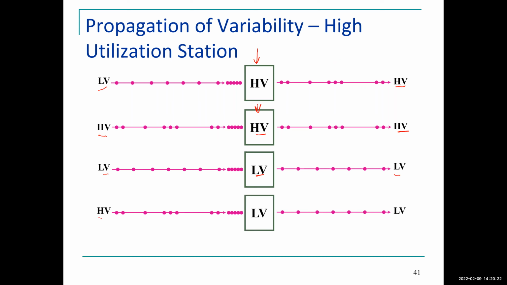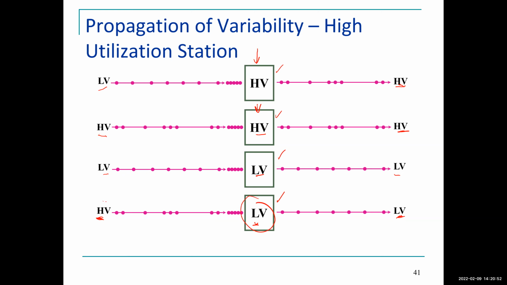And the last one is not the one that is intuitive, but if you have high variability in the arrival process and a low variability in the process itself, then the result will also have a low variability. So basically what this is saying is your final variability, or departure variability, is mostly impacted by the variability that you're observing in the process.